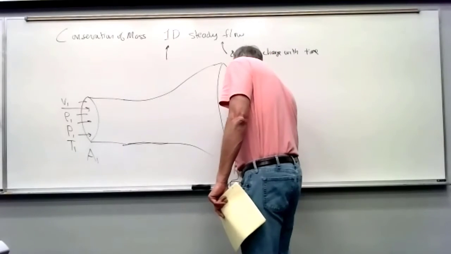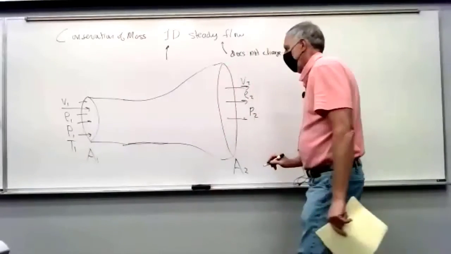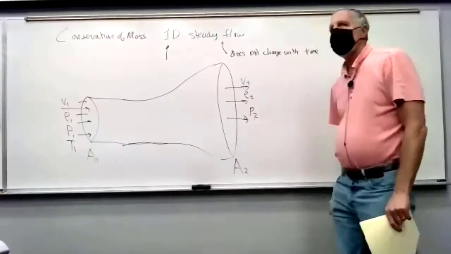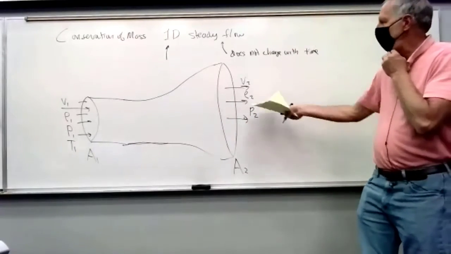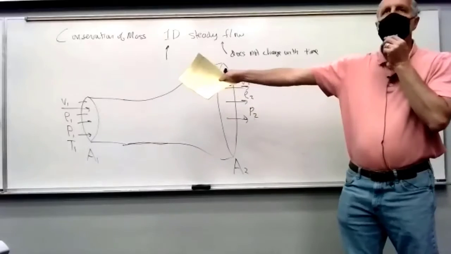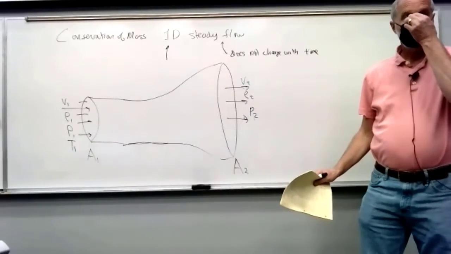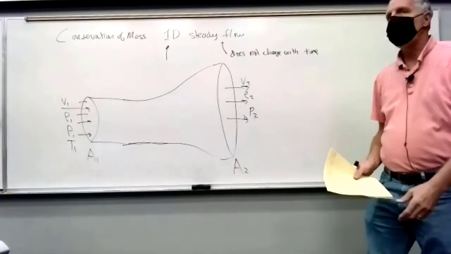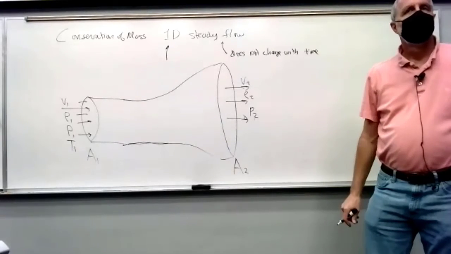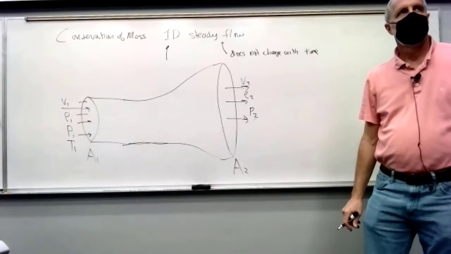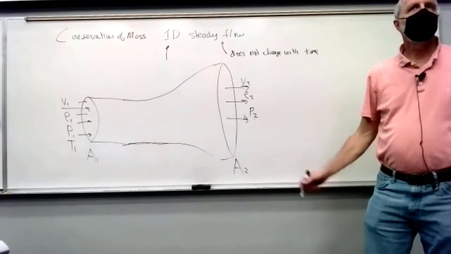The area here obviously is bigger, right? So what do you think is going to happen to the flow? Is the velocity here going to be faster or slower than coming in? Slower. Intuitively you think that, right? Why is that? It's correct in this situation.